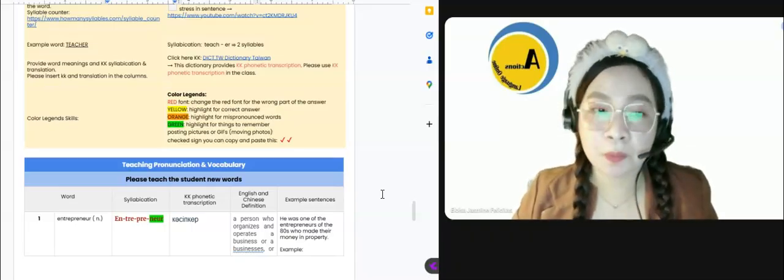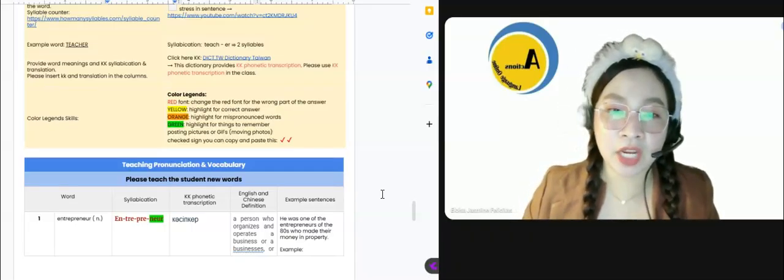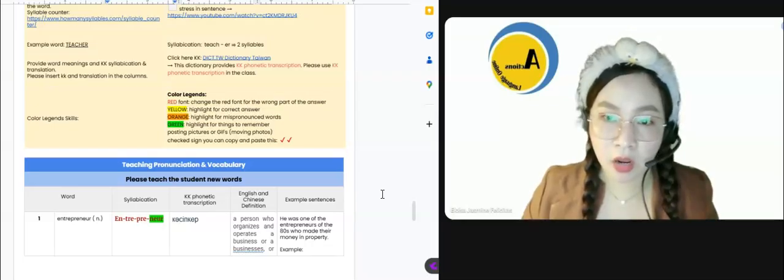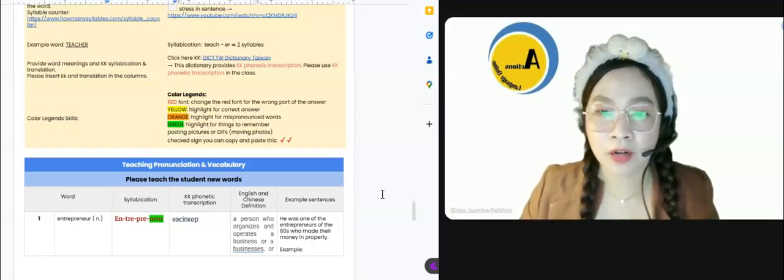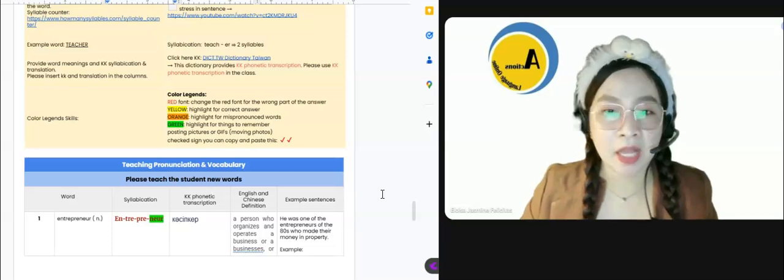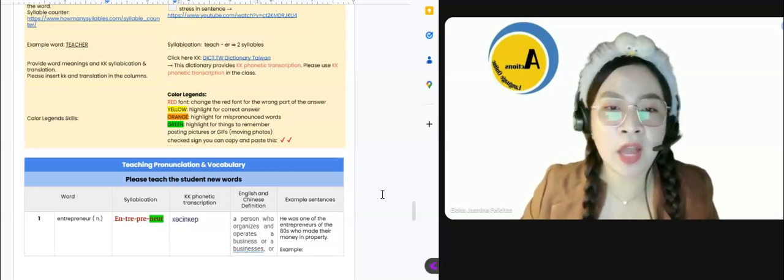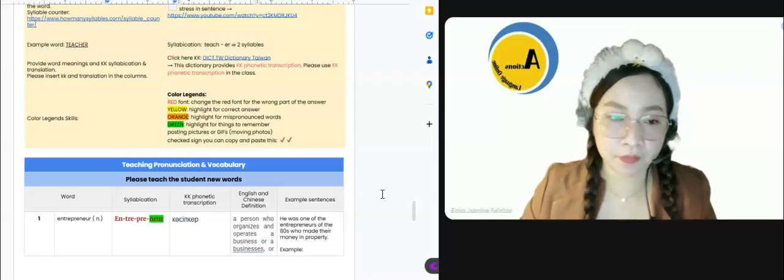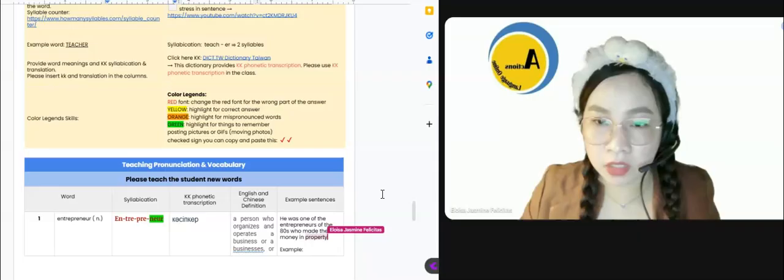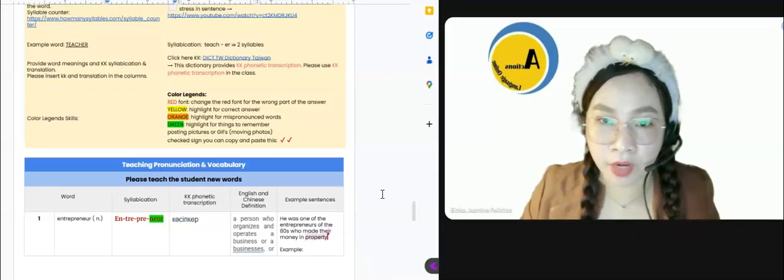Now let's take a look at the sentence example. Jenny, can you please read the sentence right here? You got it right, but I'm hearing that you have one mispronounced word, and it was property. Let me highlight this one in red.